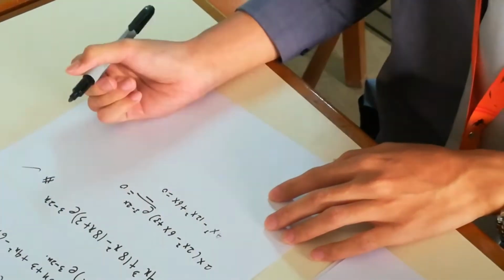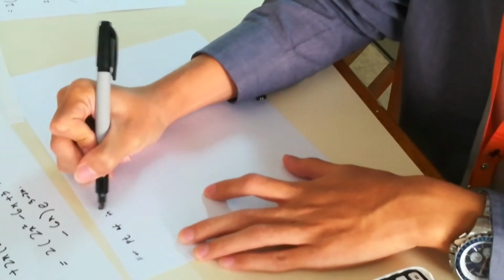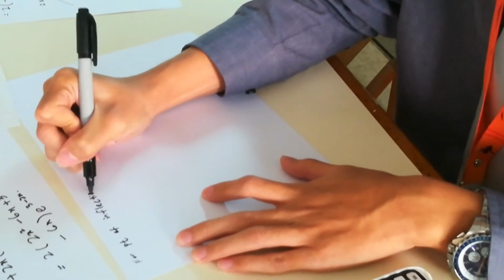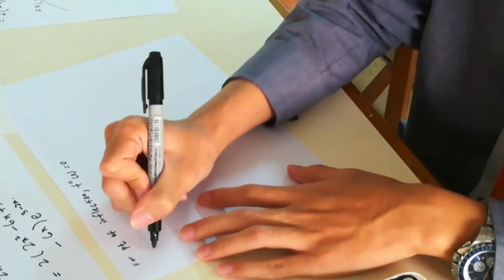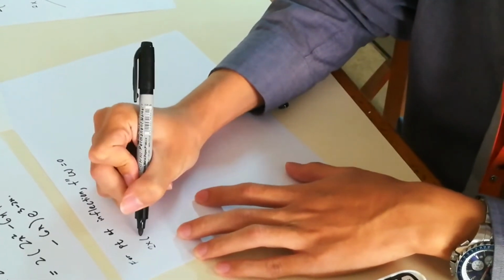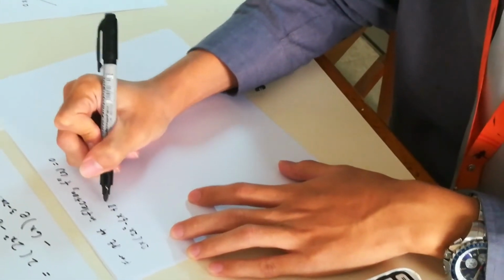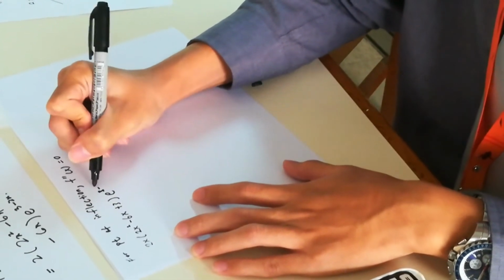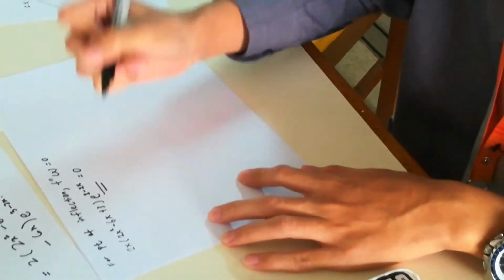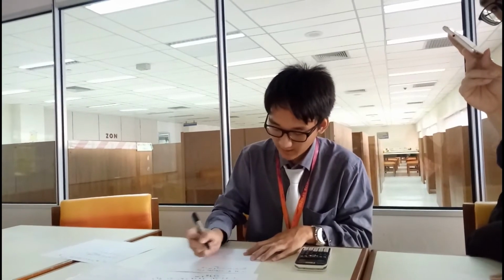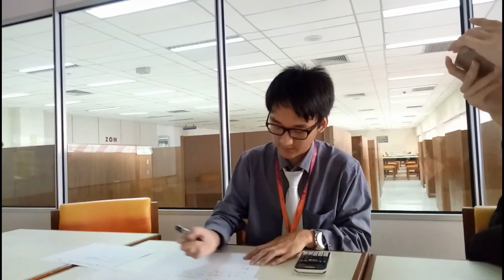And the other factor is always positive, so we do not need to analyze it. So here we get one root from 2x equal to 0, x equal to 0.